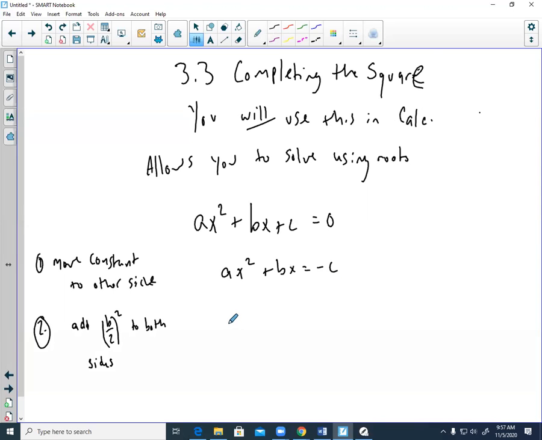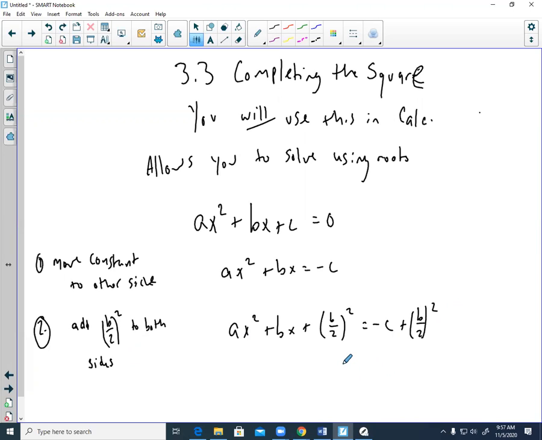I am going to make sure that I go through a couple examples with you of the normal type numbers. Okay, so I'm adding (b over 2) squared to both sides of the equation, so it ends up looking like this. So it looks something like that.